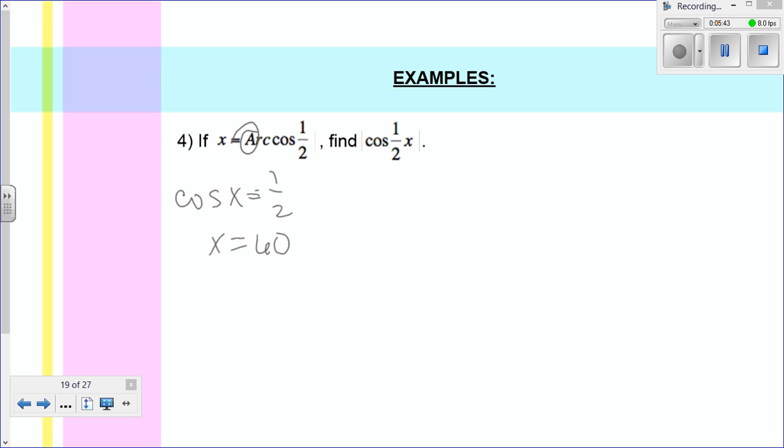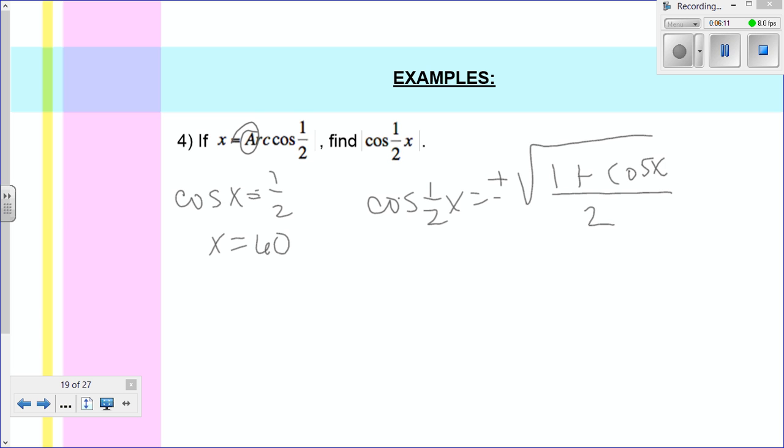Okay, so x is equal to 60, and we need to find the cosine of 1/2 of x. So the cosine of 1/2 x is equal to plus or minus the square root of (1 plus cosine x) over 2.